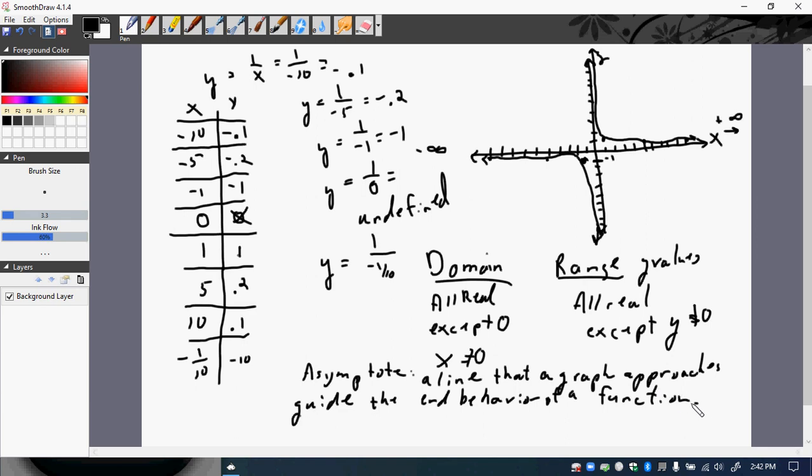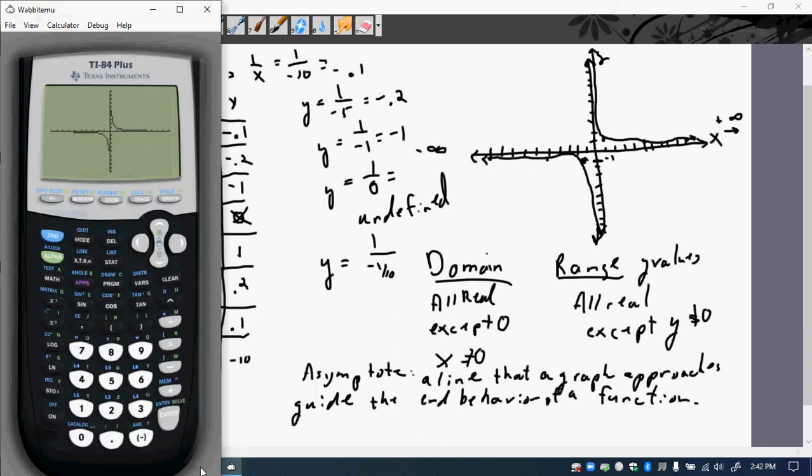Okay, so the asymptote basically is a line that the curve is getting closer and closer to, but is not going to cross it. And you can see that in this picture here, better in the graph.